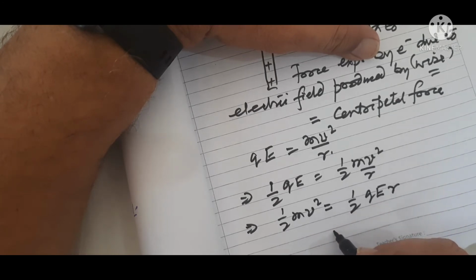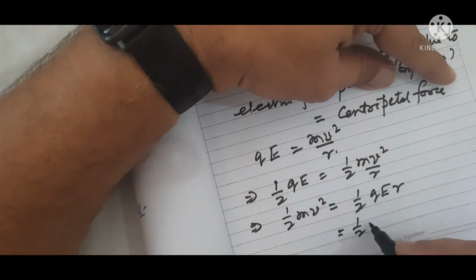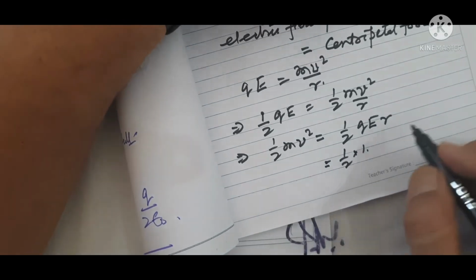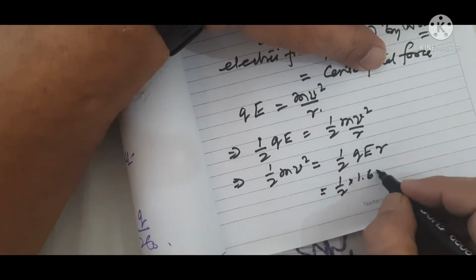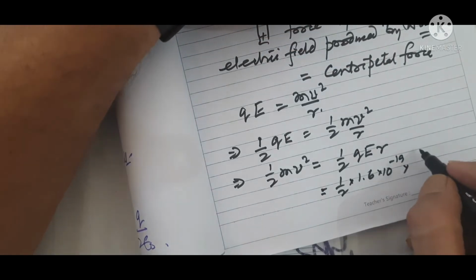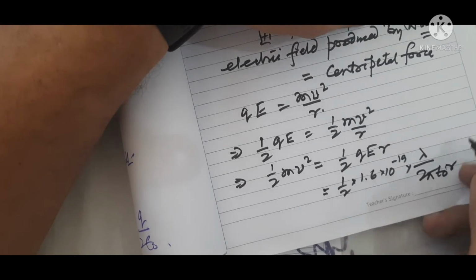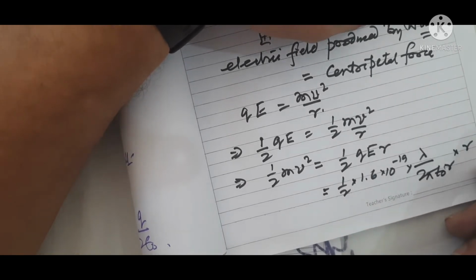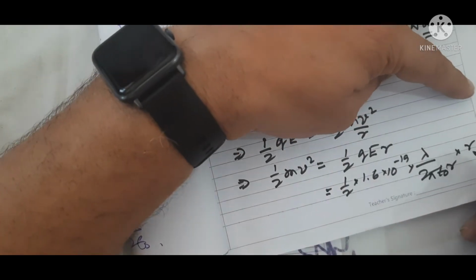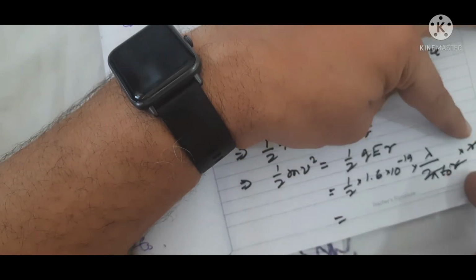Now put the value of q, which is 1.6 × 10^-19 coulomb. E is already given, lambda by 2 pi epsilon naught r, into r. So this r cancels, and just put the values and you will get the result.